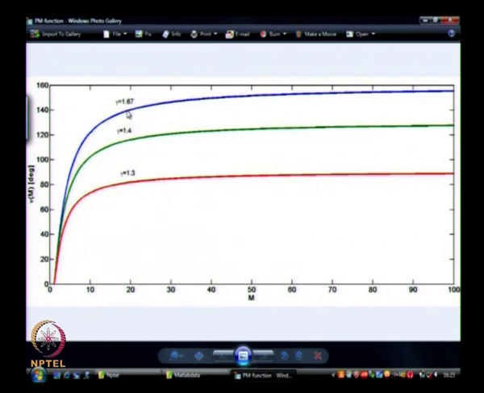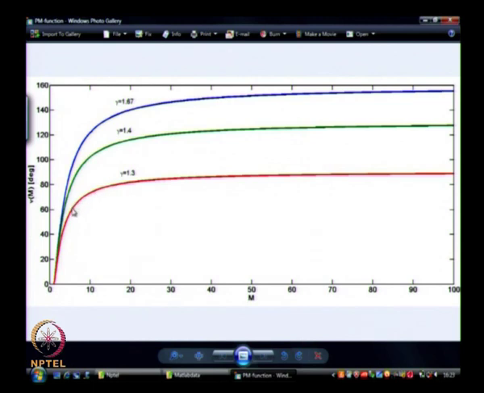What we are seeing is the Prandtl-Meyer function drops, that is the change in the function need not be so high to change the Mach number. Say I want to go from Mach number 5 to 10, if I have to do that in gamma equal to 1.3, I have to go from 60 degrees to something of the order of 73 degrees or so, rough estimate, I am just picking up numbers from the plot.